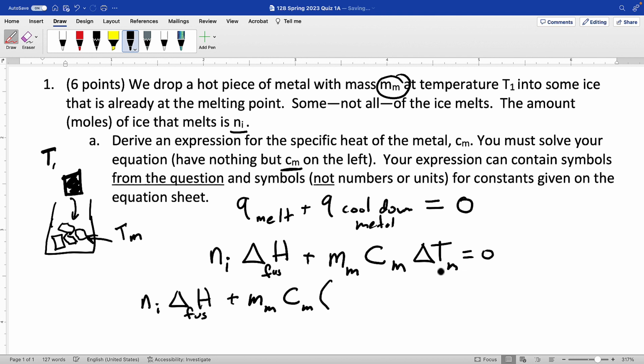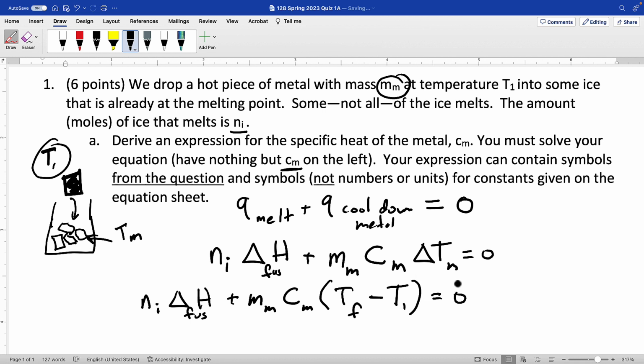So it's a final minus initial temperature for the metal. Let's leave it as T final for now. And the T initial for the metal, we just called it T1, right? So that was the initial temperature of the metal. So final minus initial. Okay.